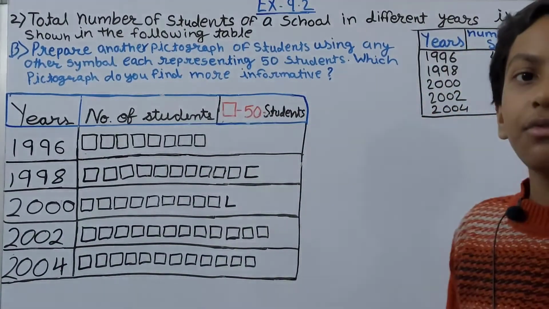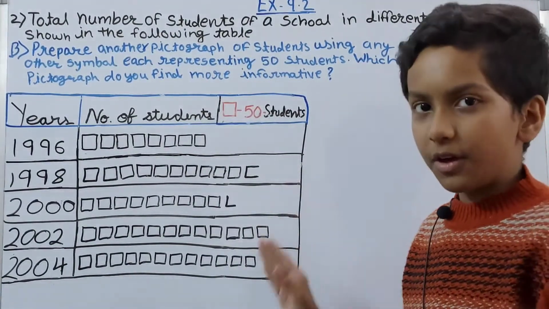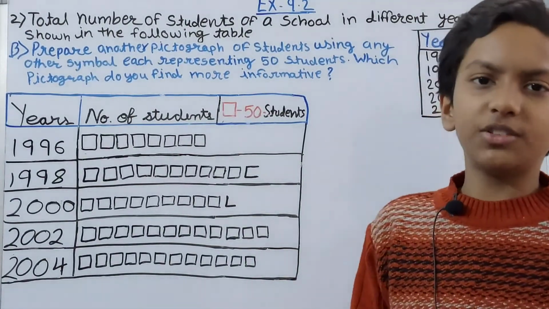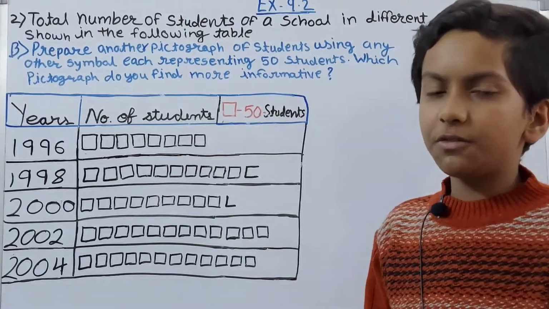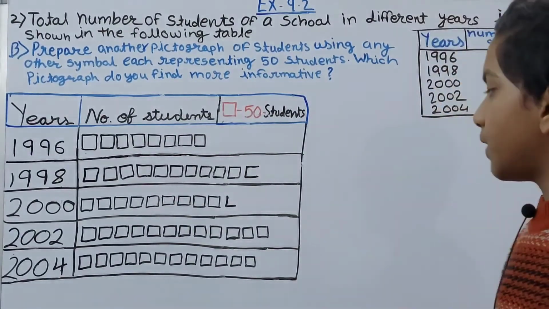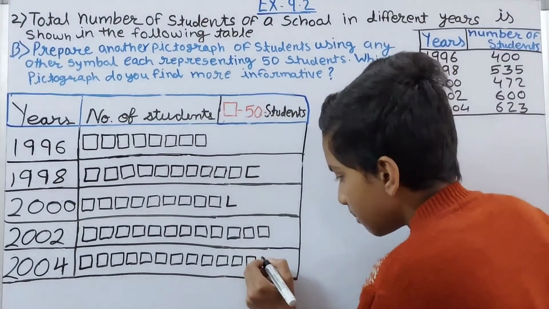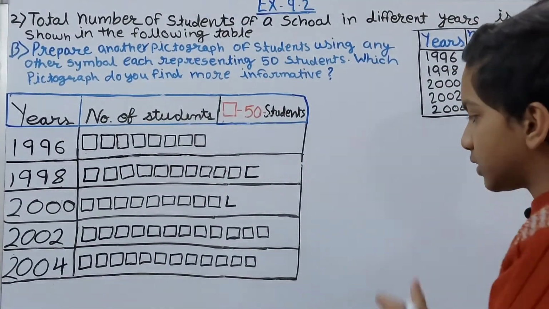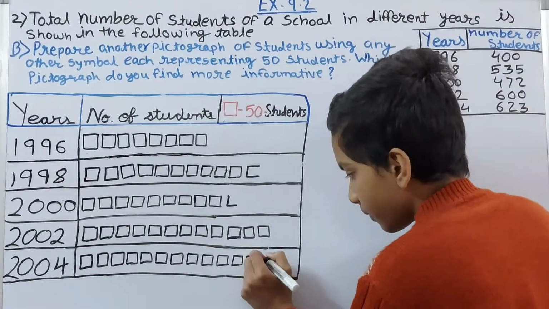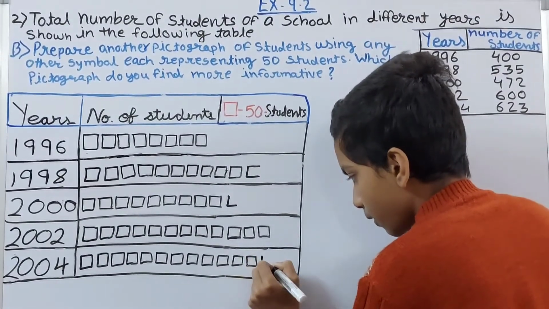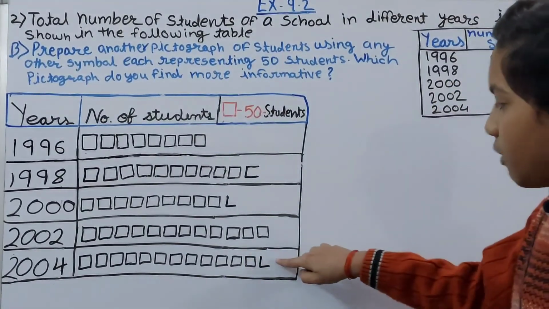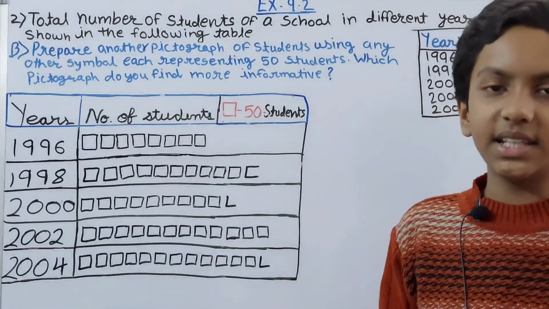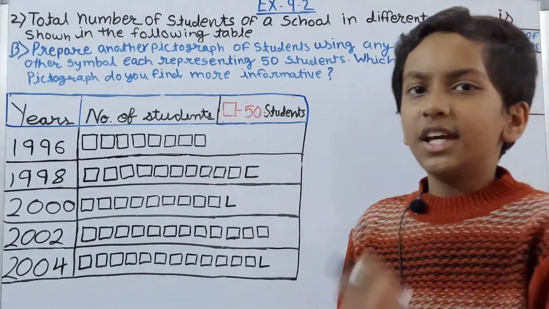And 25 is half of 50 students, and 23 is not too far away from 25. So what we can do over here is simply make half, and half means to make any two sides of our square. Alright, so there we go. Here you can see I have made two sides, whereas two sides are missing in this, which are representing 23.